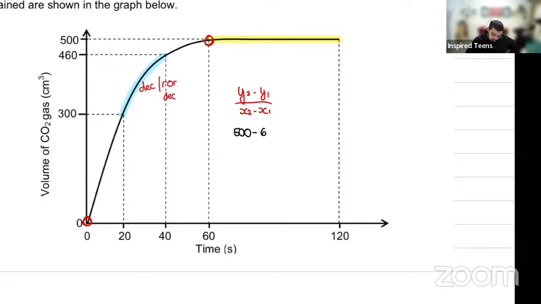Y1 is 60. Remember, the experiment stops at 60, not 120. They just carried on recording the volume until 120 seconds had passed, and they got 500 each time because it wasn't changing, since the experiment was done. Then we go all the way here. Sorry, y2 minus y1, so it's not supposed to be 60. I chose the x value. Y1 is at 0.